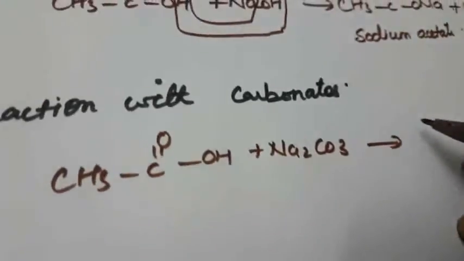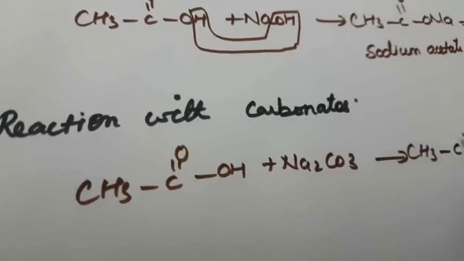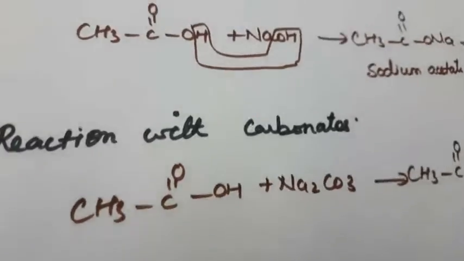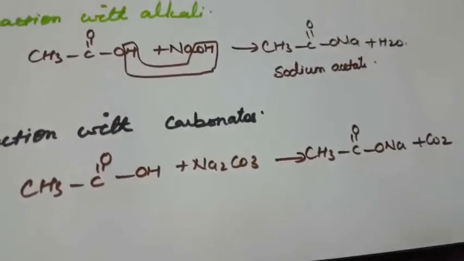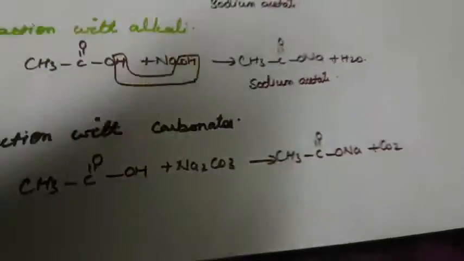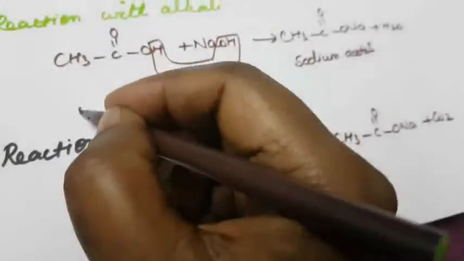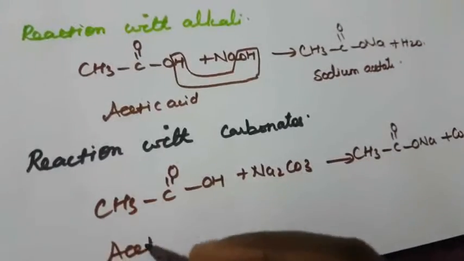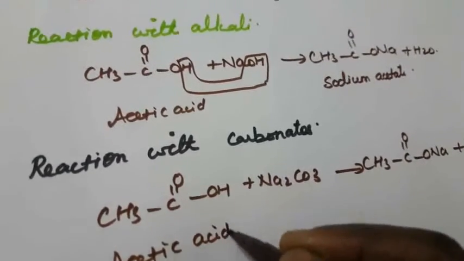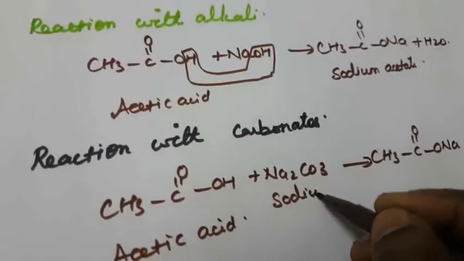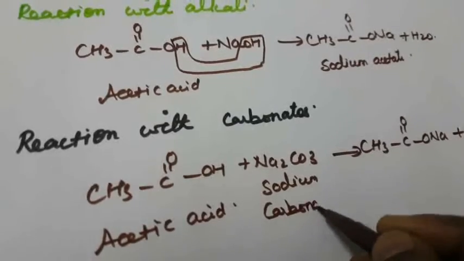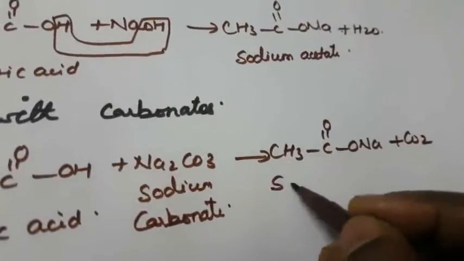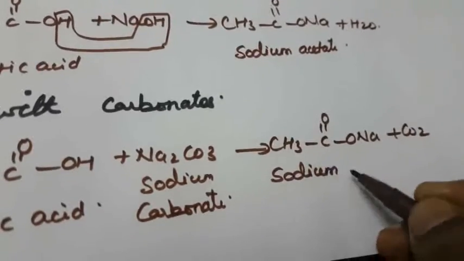Carbon dioxide is removed to form CH3, C double bond O, ONa plus CO2. This is acetic acid, this is sodium carbonate, and this is sodium acetate.